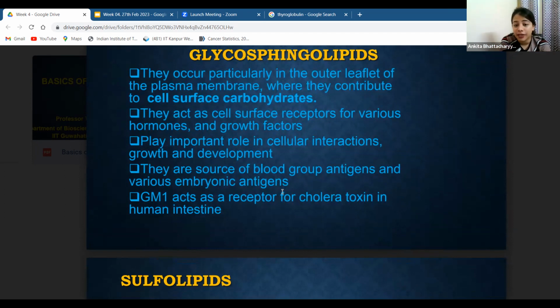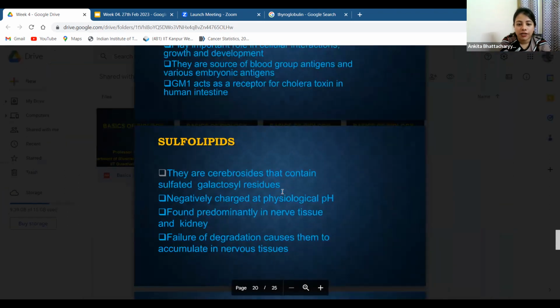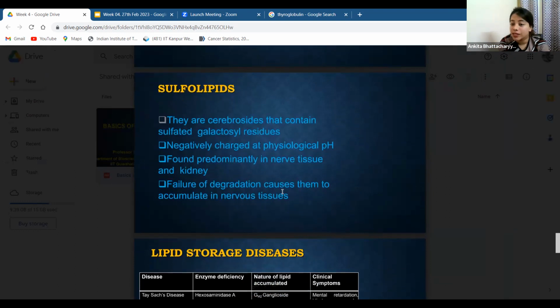They can act as surface receptors, blood group antigens, GM1 for cholera toxin, etc. Then come sulfolipids. They are cerebrosides, which contain sulfated galactosyl residues. They are negatively charged. Whenever you have a sulfate group involved, the charge is there, predominantly in nervous tissue and in kidney.